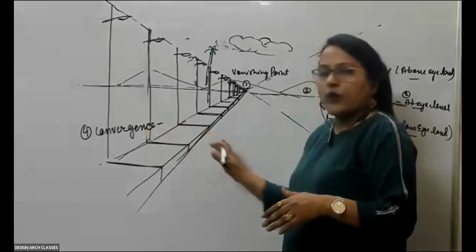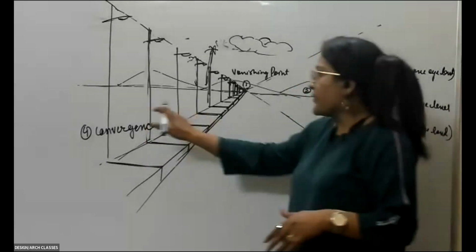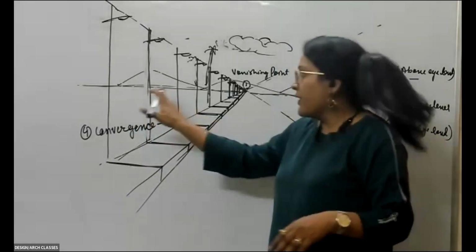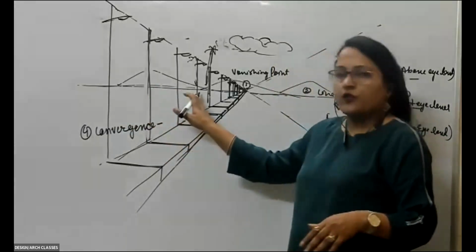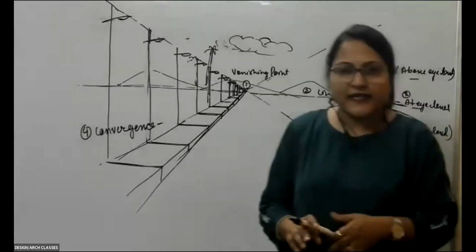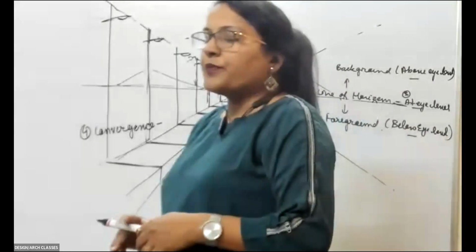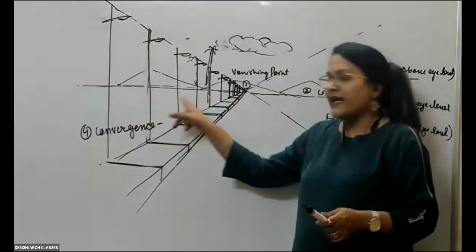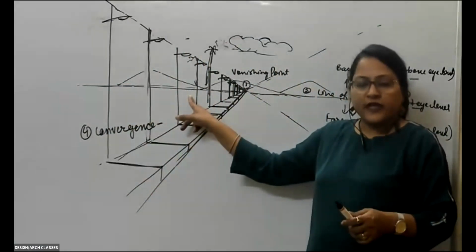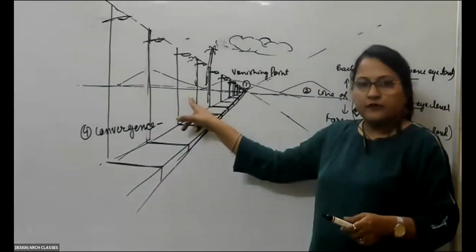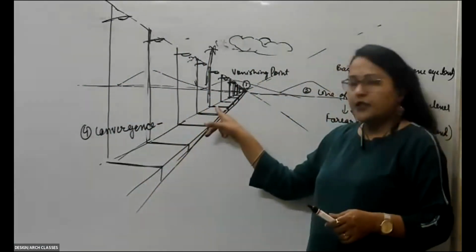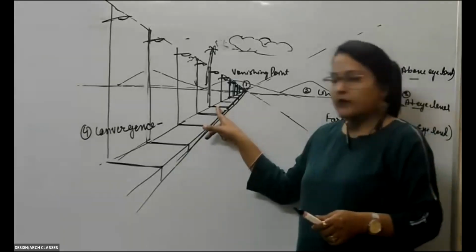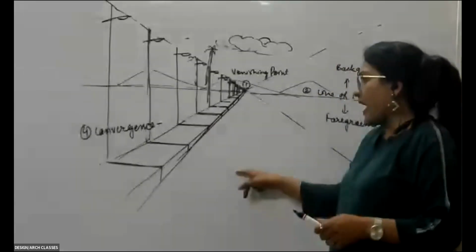ओके, सो कन्वर्जेंस. The reducing gap between the objects like street lights, color of pavement, it can be railway tracks.